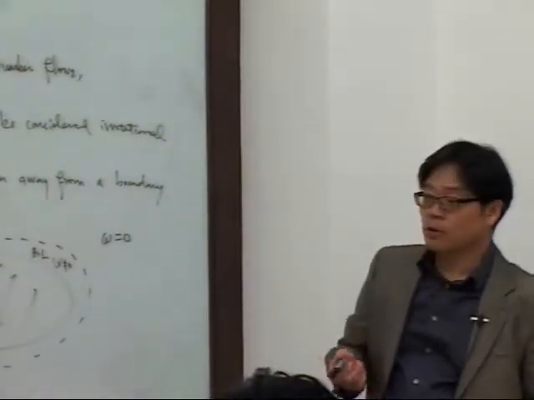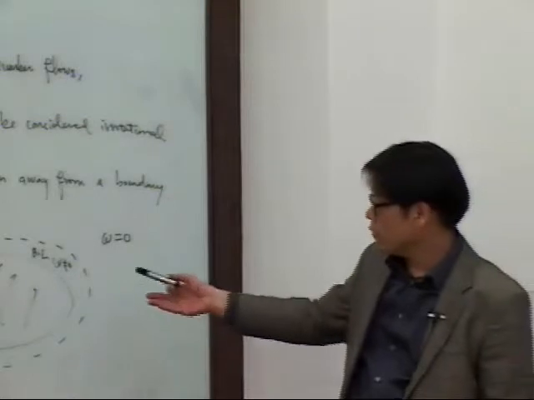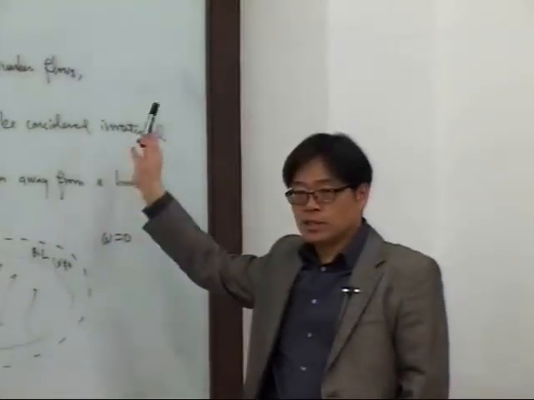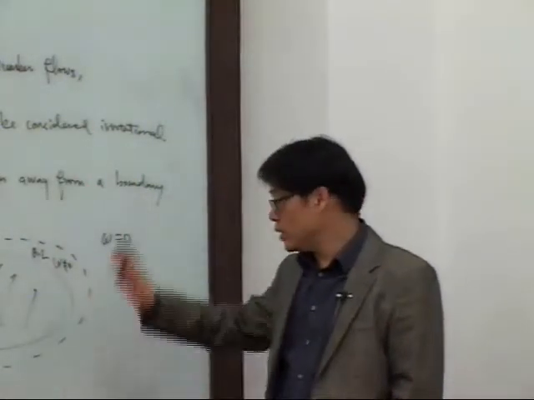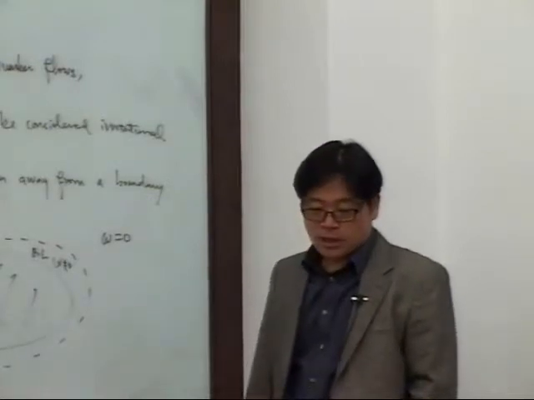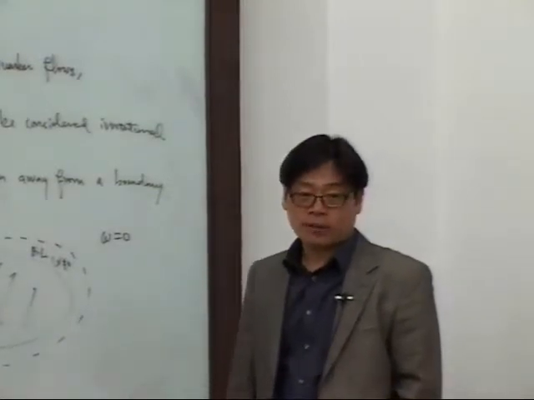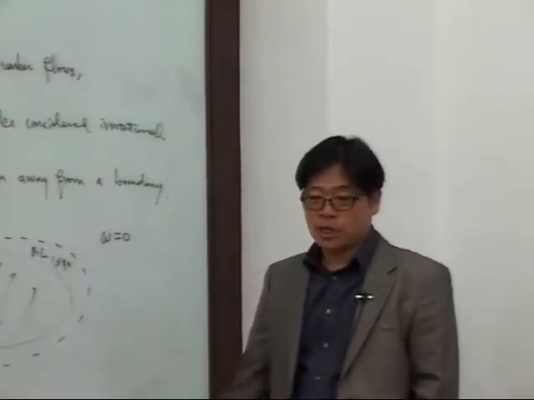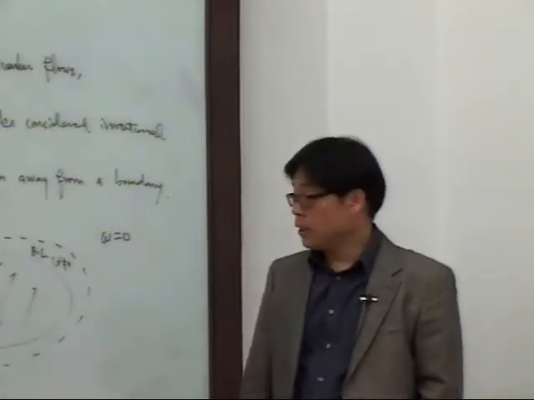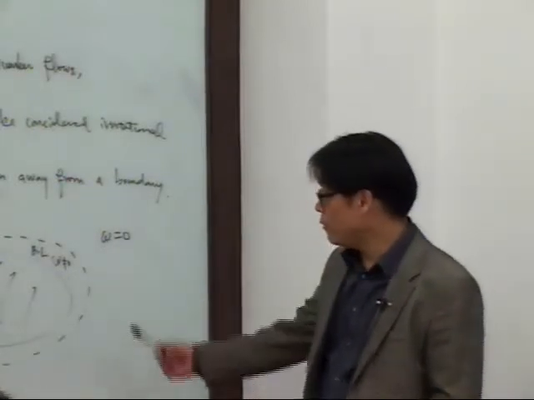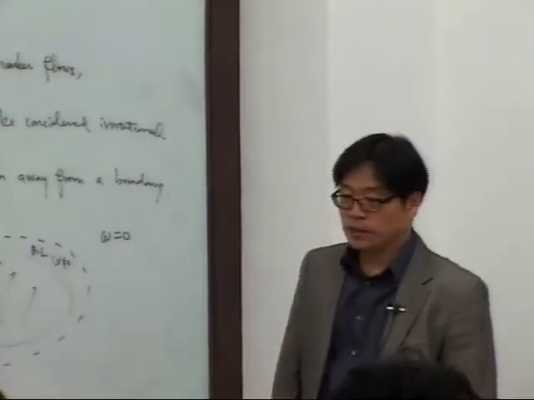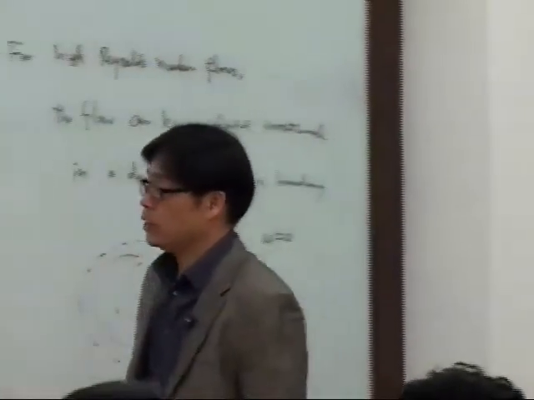For low Reynolds number flow, the boundary layer thickness is so large, and then vorticity is non-zero everywhere. Therefore, you cannot assume the flow is irrotational. But for high Reynolds number flow, if you're away from the boundary, then you can think the flow is irrotational.